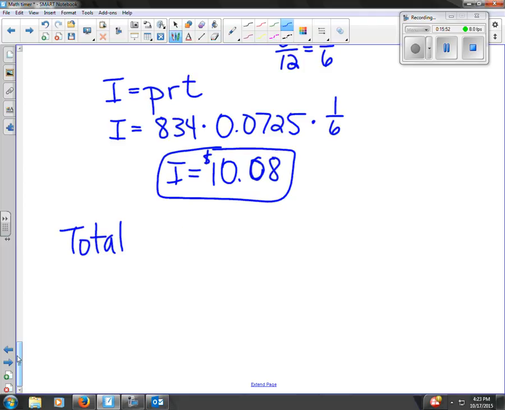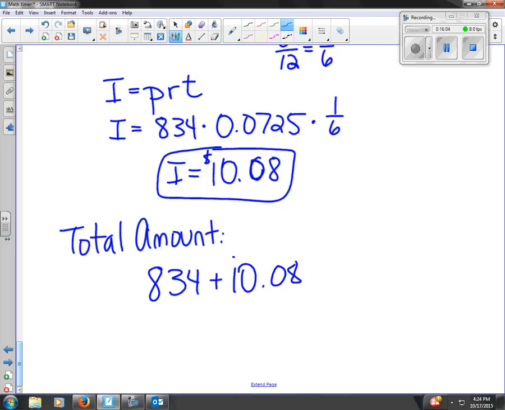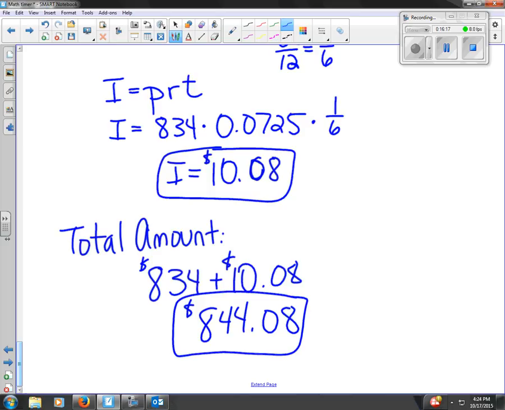That's not good. Try that again. There we go. So you do the 834 plus $10.08, and you'll get $844.08. That is the total amount.